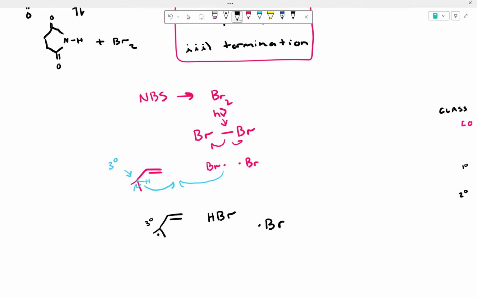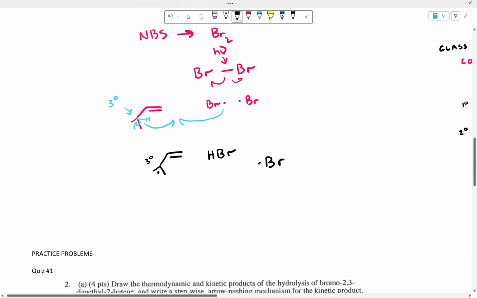Something that can happen to this allylic molecule is that the pi bond can be moved to form a different molecule.